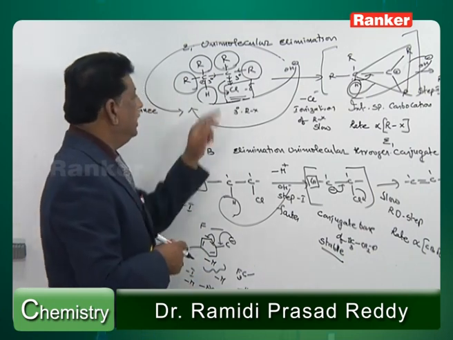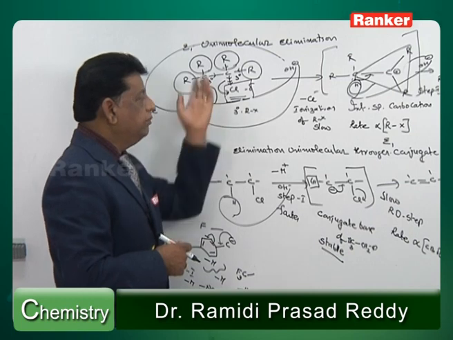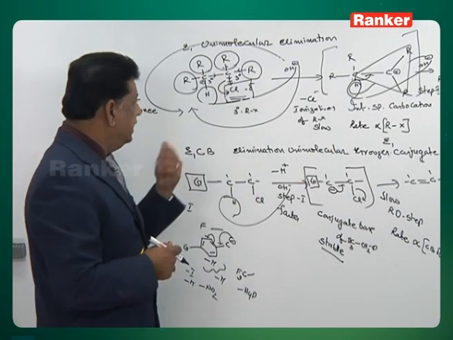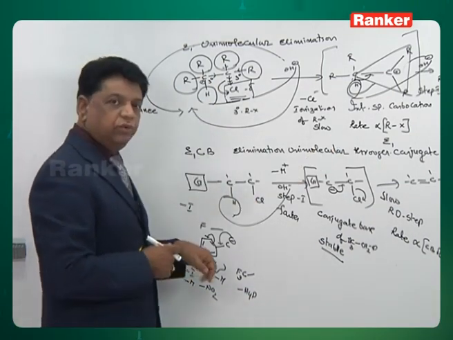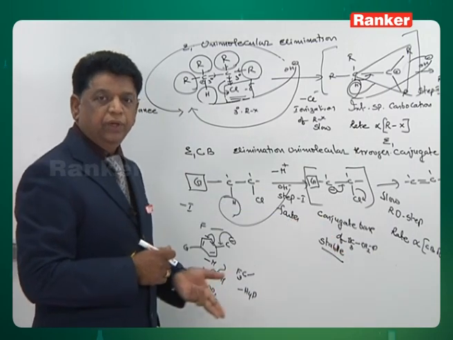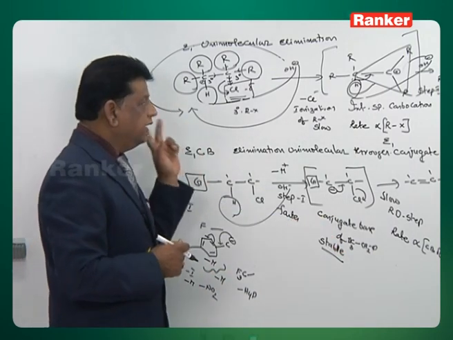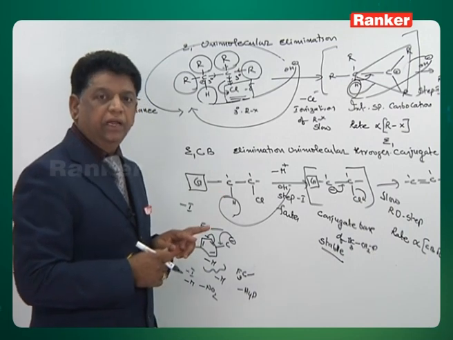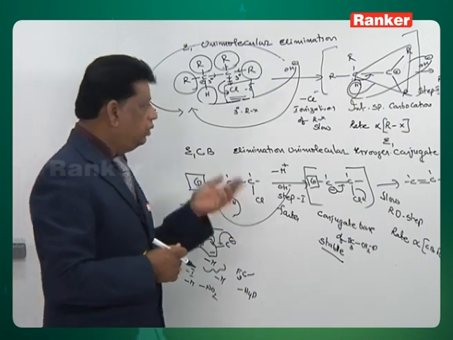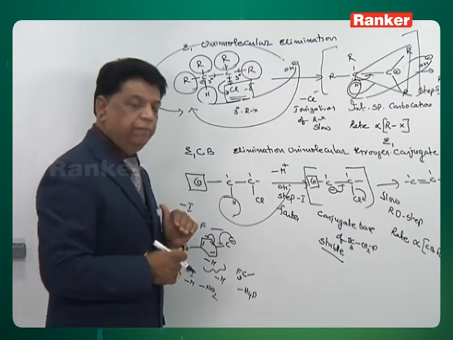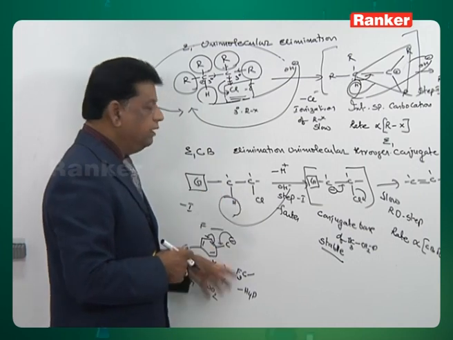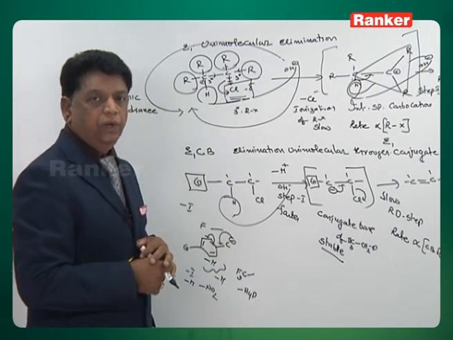In the E1 mechanism, first Cl goes and becomes a carbocation. In E1CB, first H plus goes and becomes a carbanion. So there are two ionic mechanisms: through a carbocation means E1 mechanism, through a carbanion means E1CB. Both removed simultaneously means it is an E2 elimination.